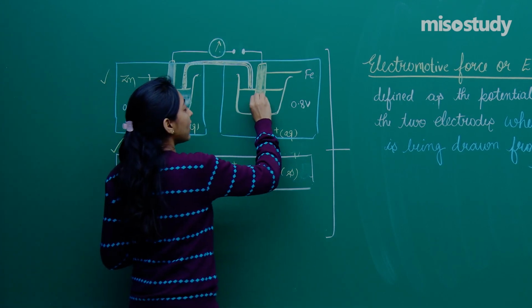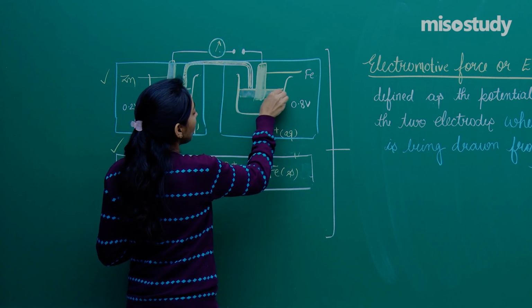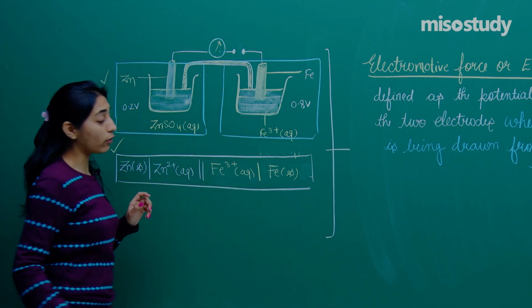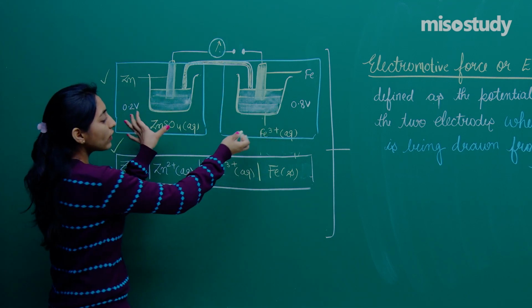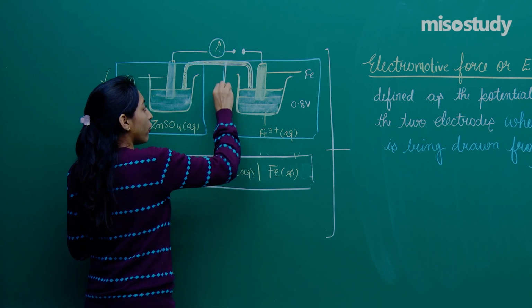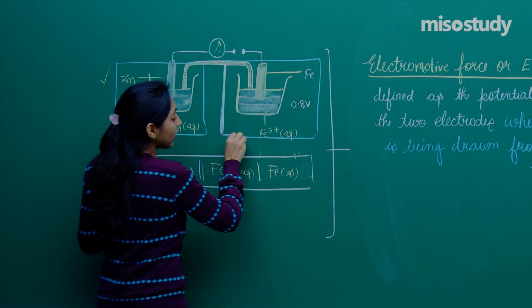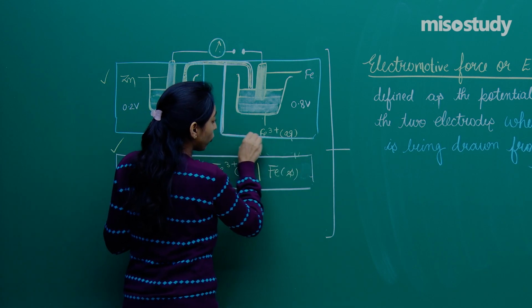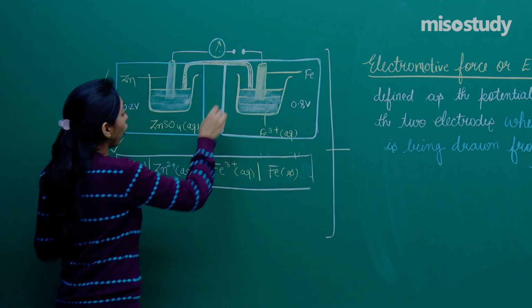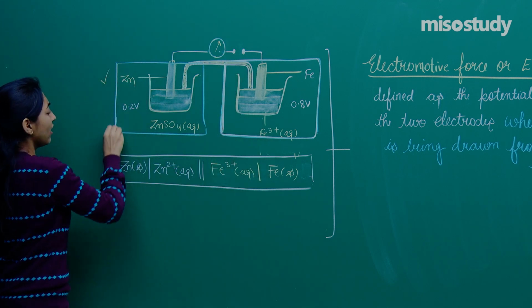And here when an iron electrode is kept in Fe3+ solution, again let us say there is a potential difference of 0.8 volt, right? Now don't you think there is a potential difference in both the two containers? So the right hand side container is at a potential of 0.8 volt and the left hand side container is at a potential of 0.2 volt.